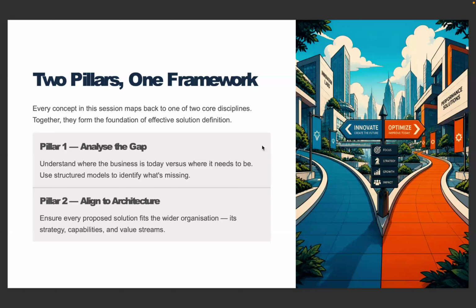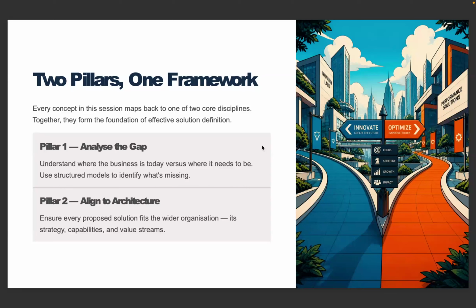For example, maybe in an organization where customers currently wait for days for a service to be delivered, but then the organization wants that process to be completed within a day. The difference between those two situations is the gap. So we need to understand the gap, where they are currently and what they want to become in the future.